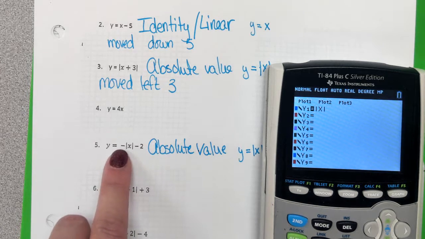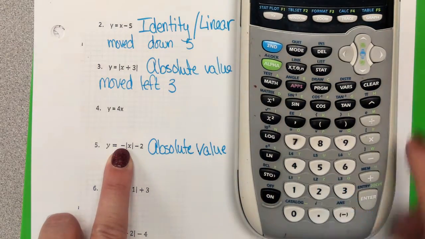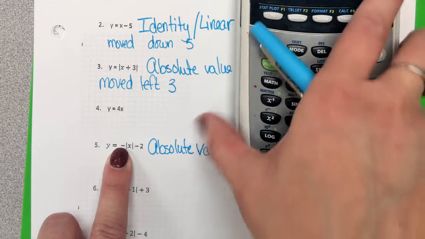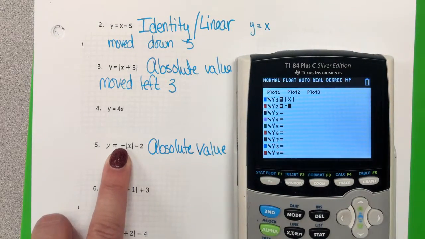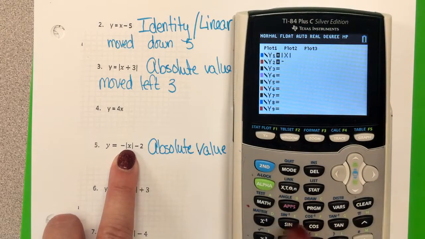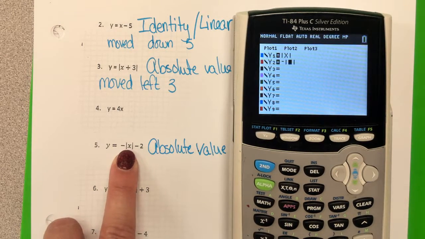This guy right here, that tells you have to hit the negative way down here at the bottom, right there. You gotta hit that negative way down there. If you hit the subtract sign, it will give you an error, okay? Then we go to math, over to number, and hit absolute value. What's the only thing inside?